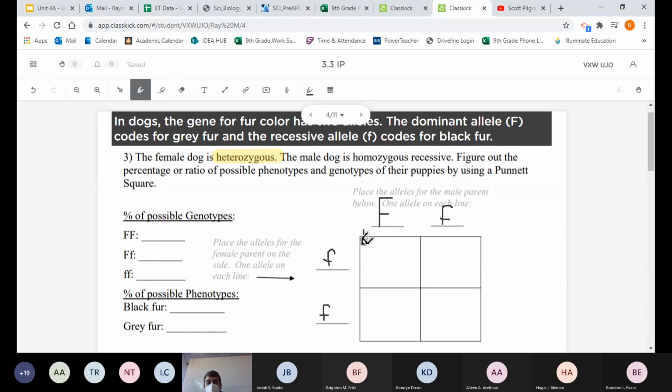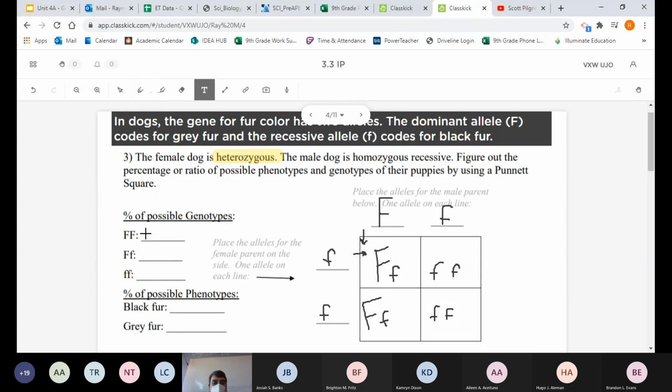So you bring it down, you bring it over, you're going to have big F, little f, little f, little f, big F, little f, and little f.